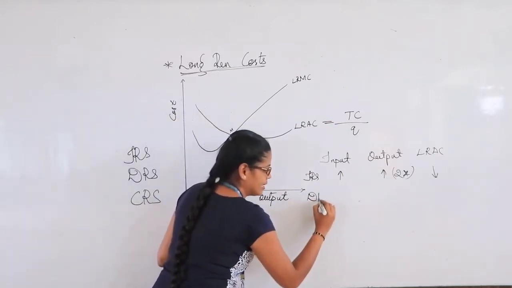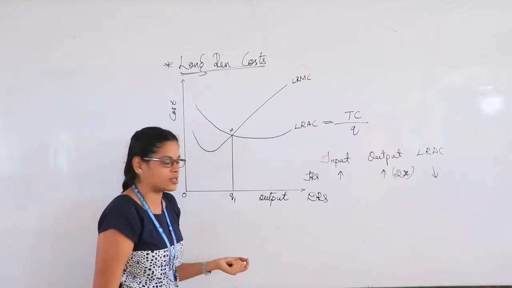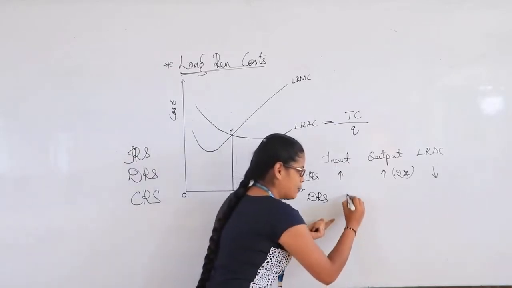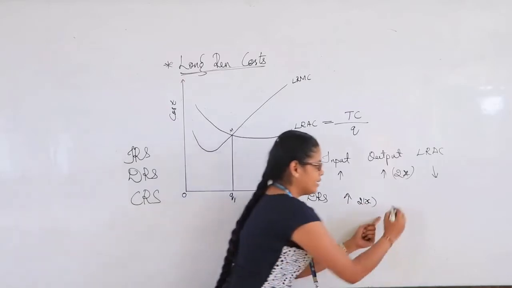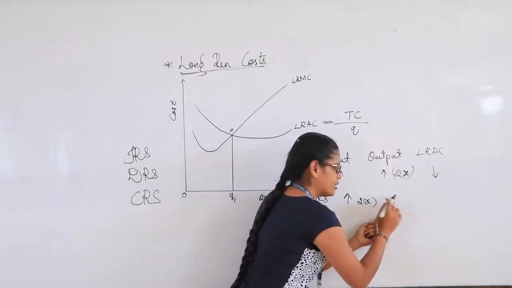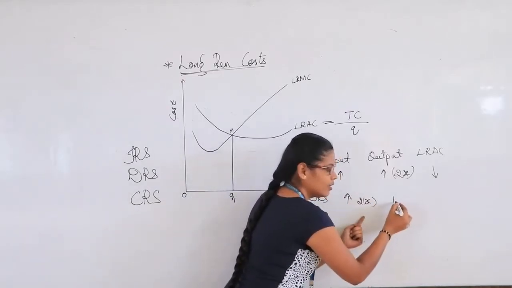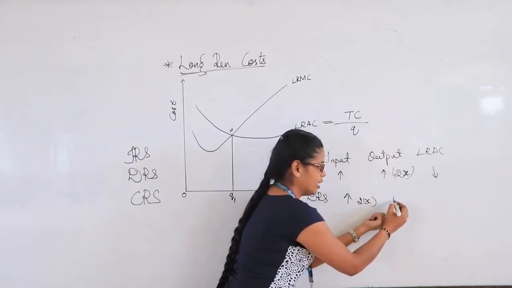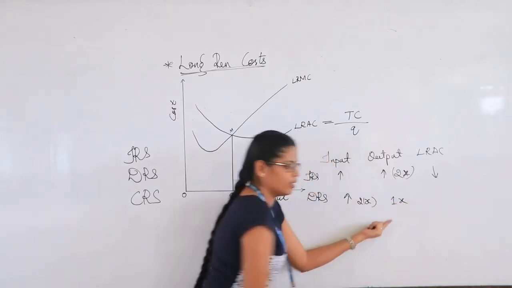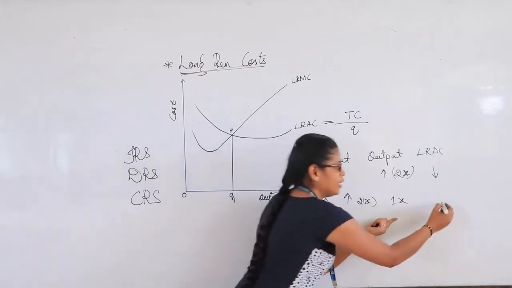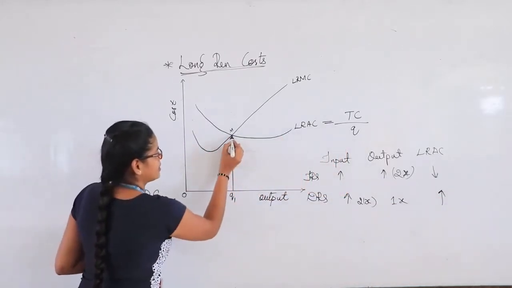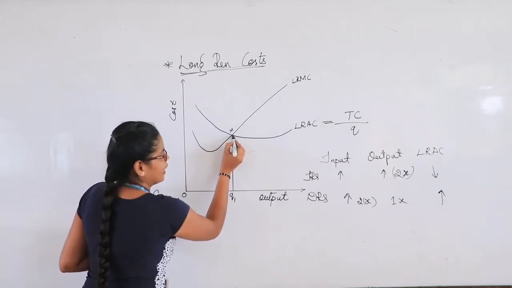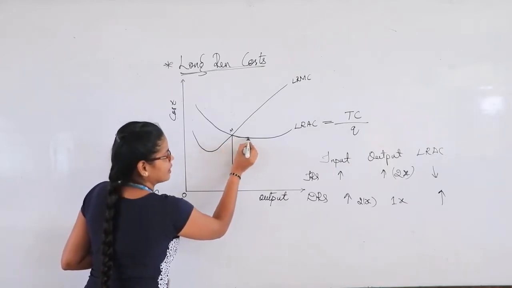And when there is decreasing returns to scale, what happens? Input is double, okay? But output is not as much as the input. So here it is less. Here you can see it is increasing, okay? This is the line, it is increasing, right?